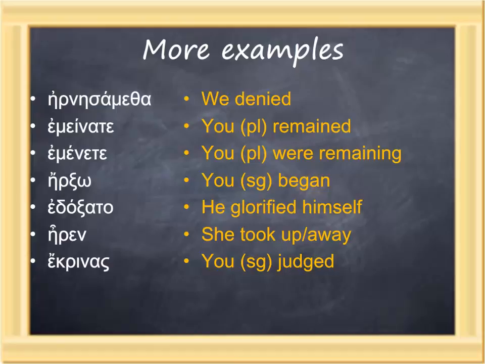Ekrinos is also a first aorist liquid active, you singular judged. Ekrines is the second person singular of the imperfect of the same verb. Notice, again, the difference is an epsilon connecting vowel as opposed to an alpha tense formative.